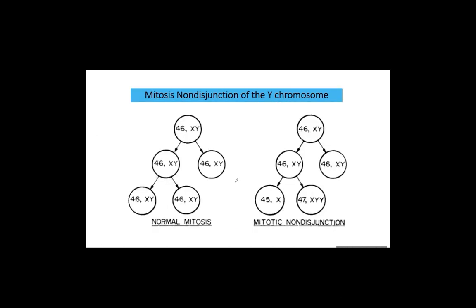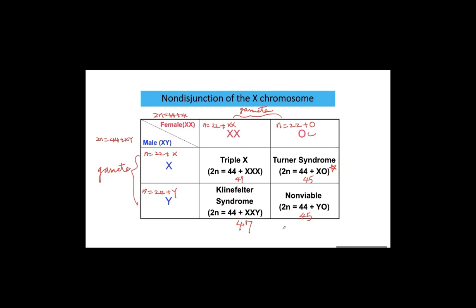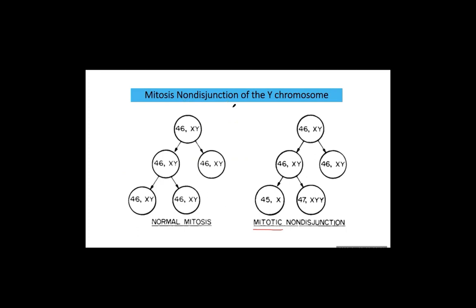Non-disjunction can occur in meiosis as well as in mitosis. So this is mitotic non-disjunction. So far, we saw non-disjunction occurring on a sex chromosome as a result of meiosis, but it can also occur by way of mitosis.